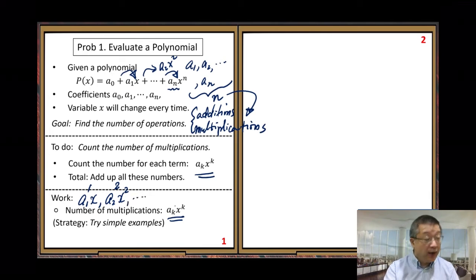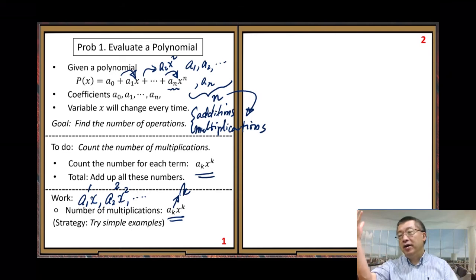So when you do ak times x to the kth, you can see it's very easy, you get k, the same number as the subscript number. When the subscript number equals 1, the number of multiplications is also 1. When the subscript number is 2, the number of multiplications you need is 2, and so on.